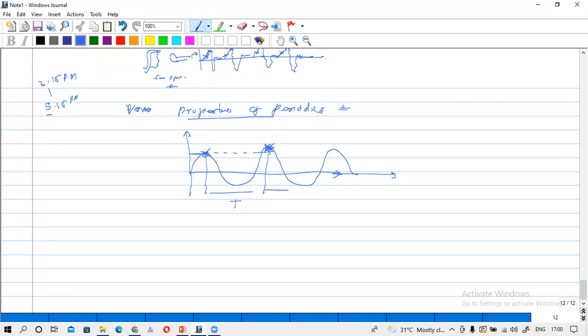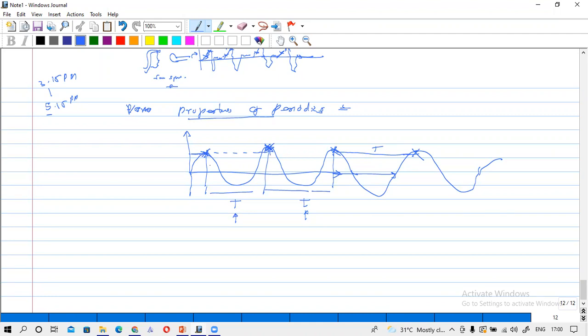Again after capital T, that voltage point is repeating. After T again, that point is repeating. So you can see that at a fixed time duration, the signal is repeating.